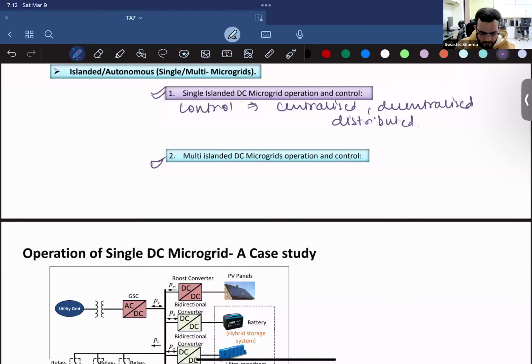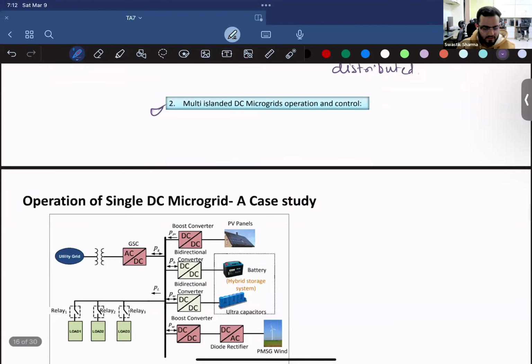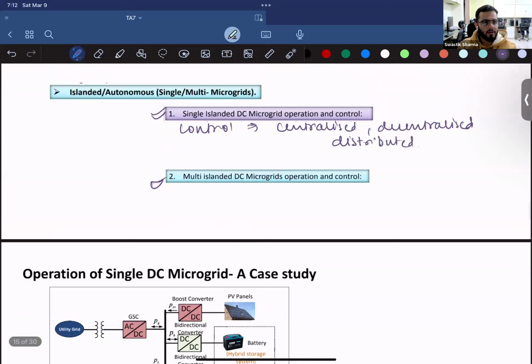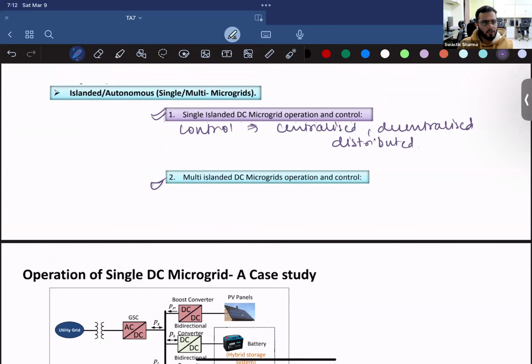There's just a single microgrid which works on its own to be able to fend for itself. In islanded mode of operation, the localized generation should match the local load. It has to serve only its local load. And this load can be of different types.